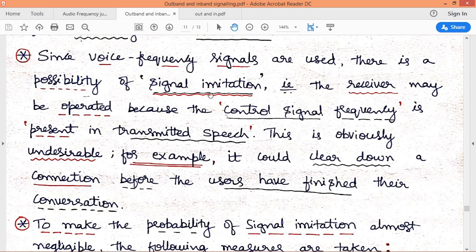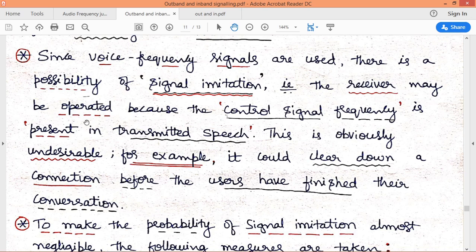So the receiver may operate because the control signal frequency is present in our transmitted speech. Within the speech signal we may produce a frequency similar to that of a control signal frequency. In such a case, the receiver may operate, or may end the call, like that.